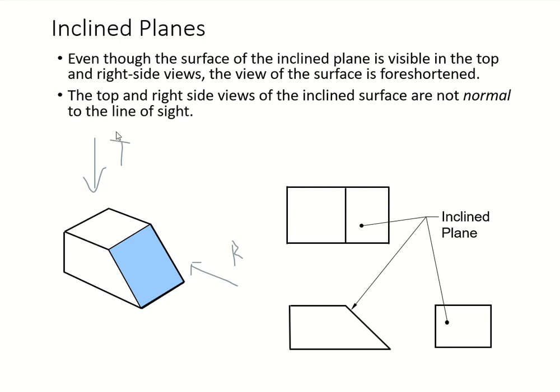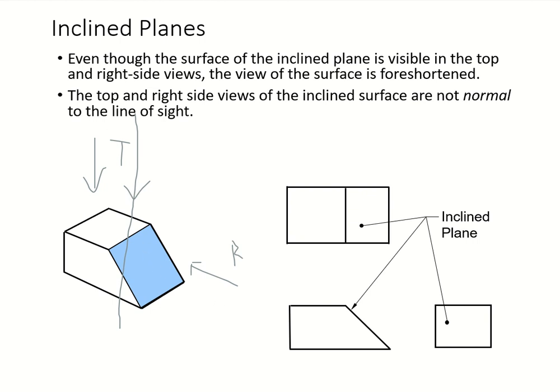But if you look at it from here, then your line of sight is here. I'm going to draw the line of sight coming, looking at your 3D from the top. Your inclined surface is not normal, meaning it's not perpendicular. Only the surface is perpendicular to the line of sight, but not that.